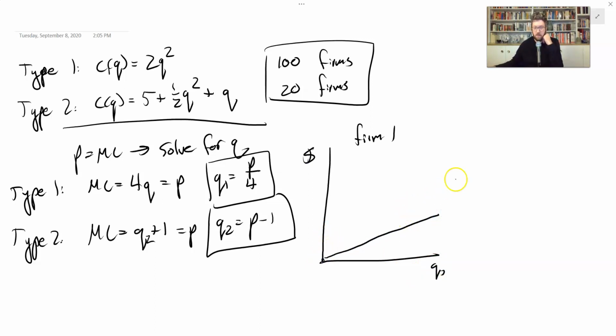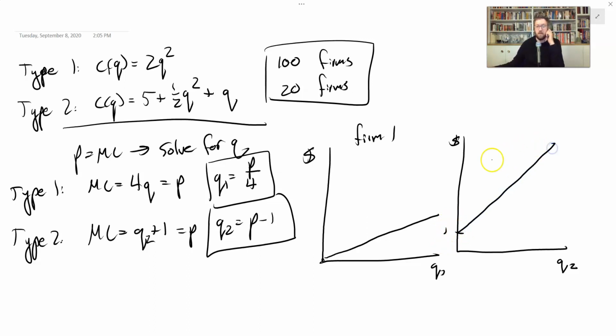Firm 2 is a little different. They've got supply as P minus 1, which means that unless the price is at least 1, they don't actually supply anything, because otherwise we would get a negative number, and firms don't supply negative amounts. Once they get to that point though, they have a steeper slope, something like this.